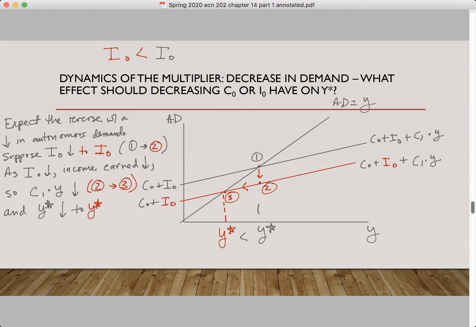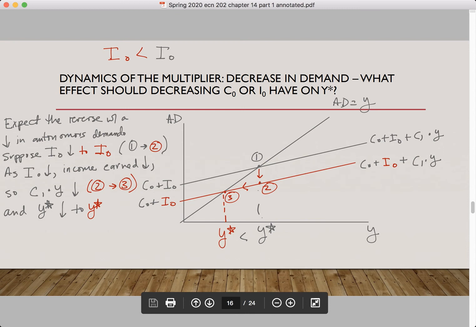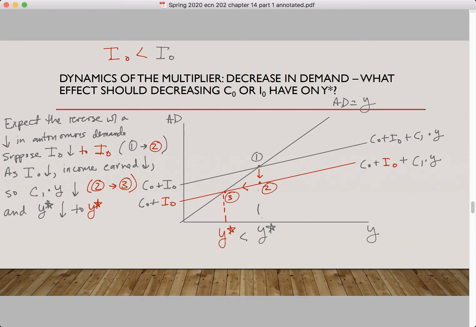A change in spending will have an initial impact on GDP. That's this leap from our original curve to our new one, whether it's a negative change or a positive one. But then the subsequent change in income-induced consumption is going to increase the overall effect of the change in spending on overall GDP.